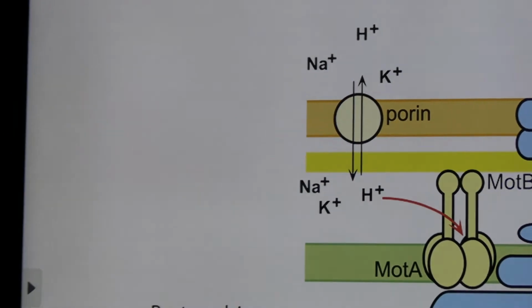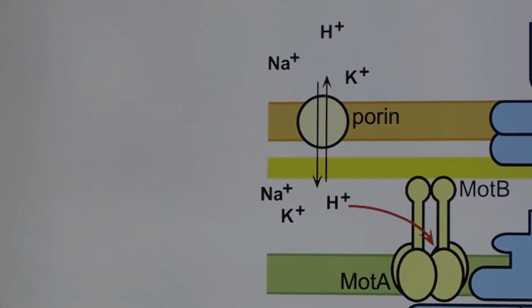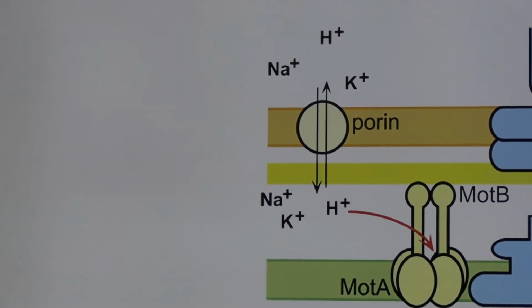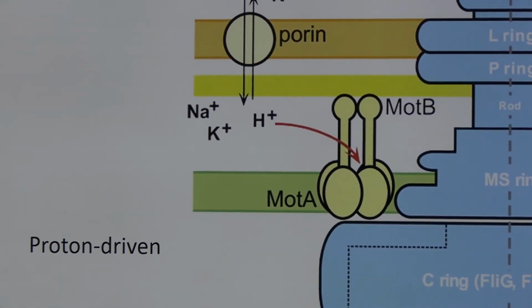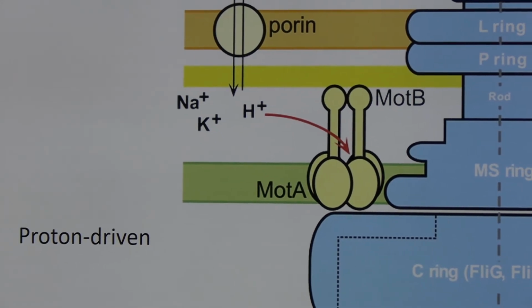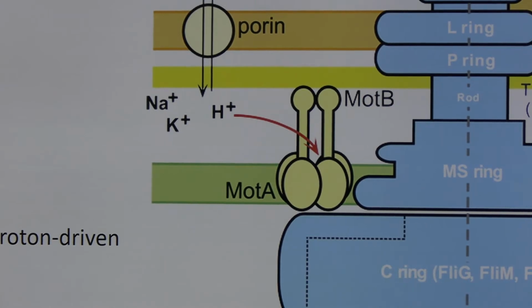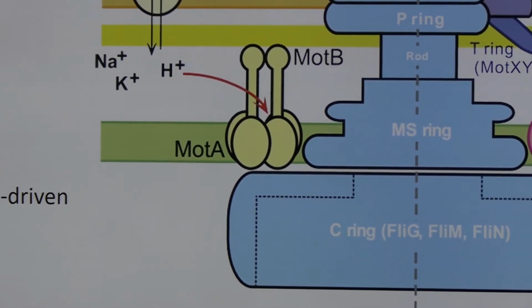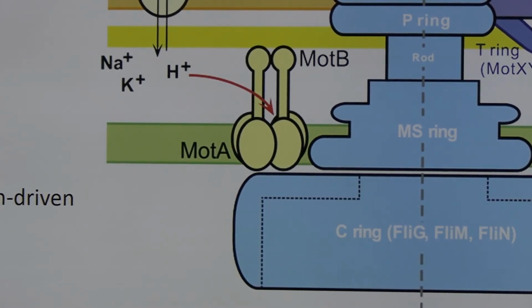Basically, the respiratory chain makes this proton gradient between the two sides of the inner membrane, and this gradient can drive the production of ATP, and also drive the motor in the basal body to make the flagellum rotate.